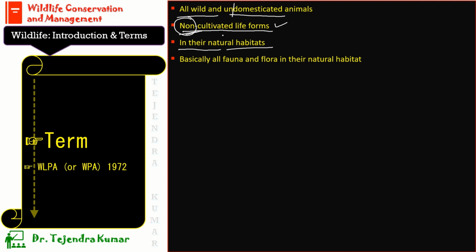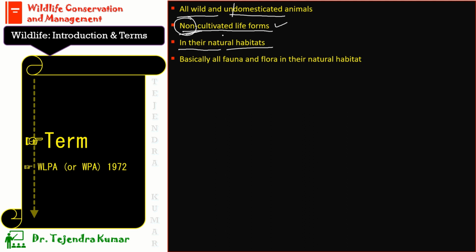Sometimes we have changed their habitat and created some kind of artificial habitat. But if you see the Wildlife Protection Act 1972, in the amendment it is given that if an artificial habitat is there, then it will be counted.